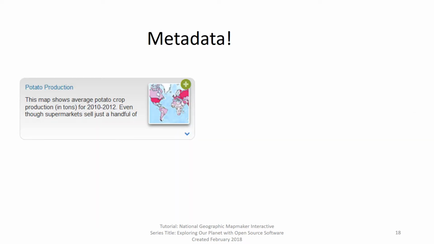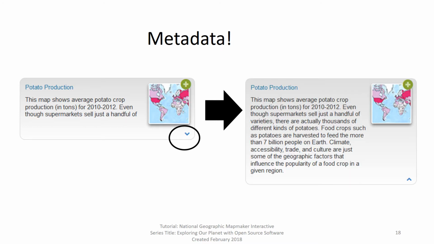What specifically does a theme cover? The box for each theme has metadata. Metadata is data about data. As you can see in this box, it has an incomplete sentence: "Even though supermarkets sell just a handful of..." But if you click on the down arrow, which is located under the map, it provides you with more detailed metadata about the theme and what it displays.